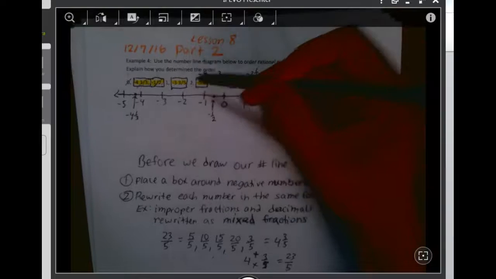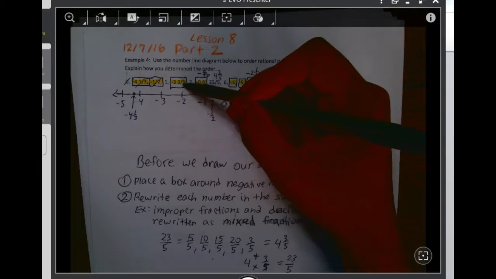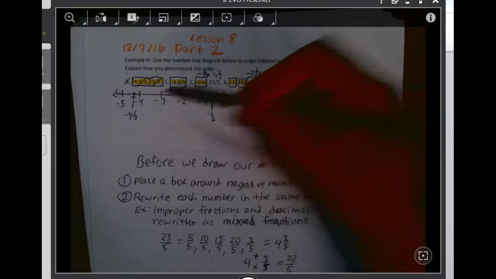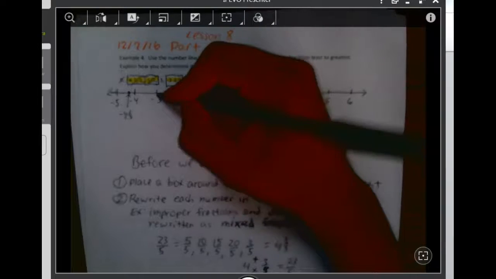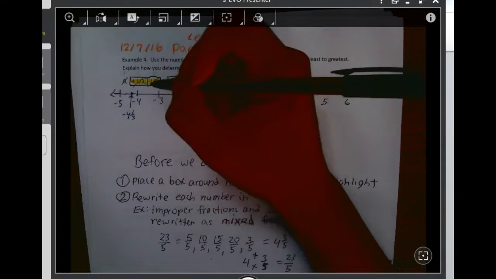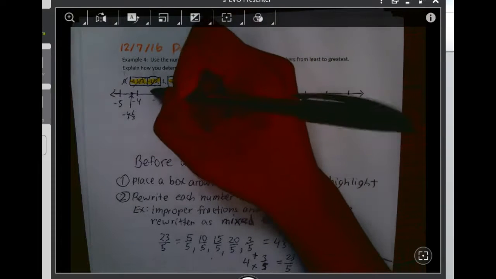Let's move on to negative 3 and 3/5. Now, I'm looking at the numbers that I have remaining, and there isn't a number that is extremely close to negative 3 and 3/5. So I don't have to be as exact when I place that. I just know that it needs to be farther from 0 than 3. So I'm going to go a little bit to the left of 3. 3/5 is a little bit more than a half.